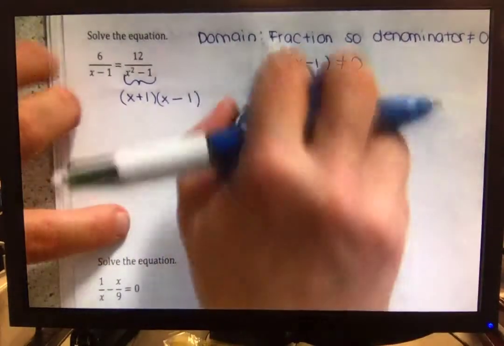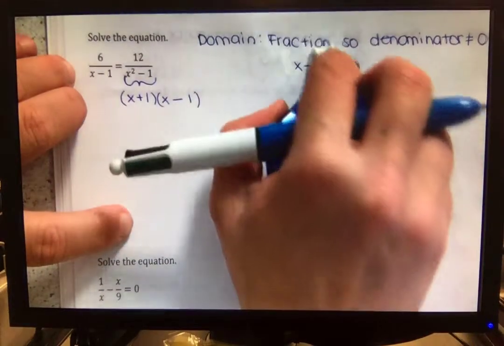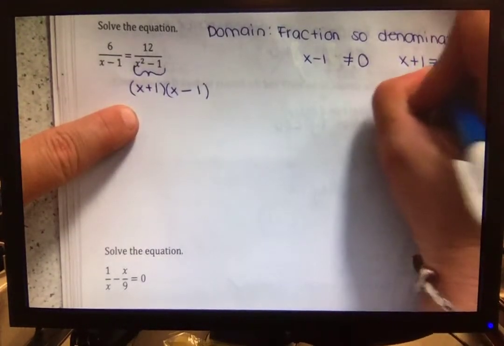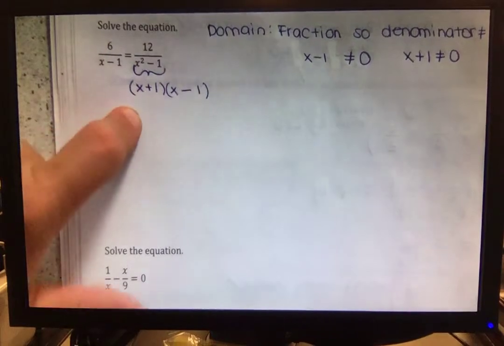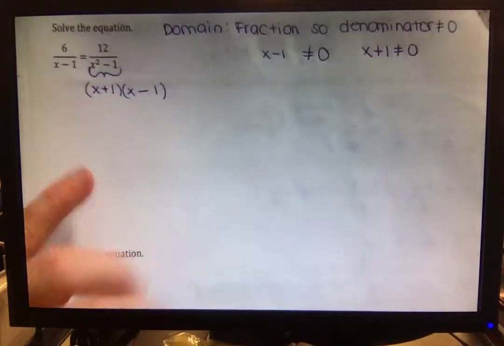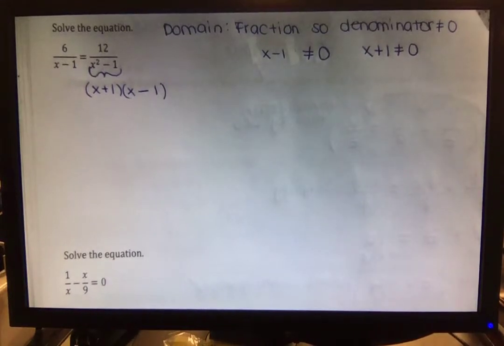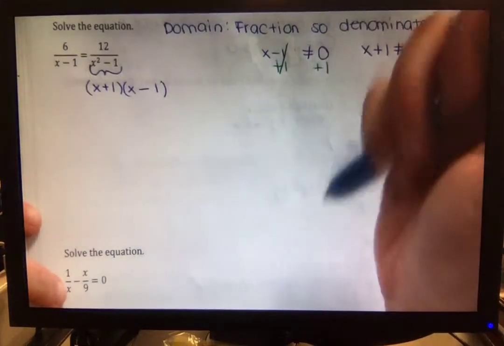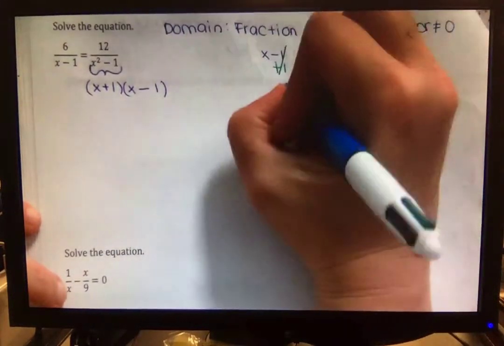Oh, no, I put parentheses around it. Then we have x plus 1 in the denominator. Cannot equal 0. We already have x minus 1 right here, so I don't have to write it twice. Solving each one separately, I'm going to add 1 to both sides, so I get x cannot equal positive 1.